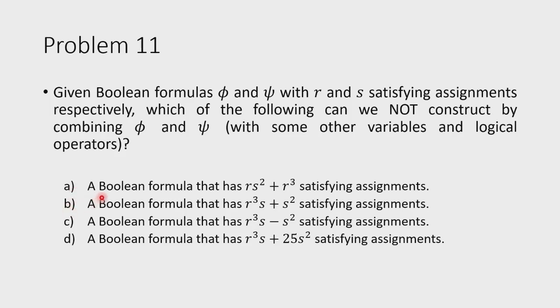The options are: a Boolean formula that has R times S square plus R cube satisfying assignments; a Boolean formula that has R cube plus S, R cube times S plus S square satisfying assignments; a Boolean formula that has R cube times S minus S square satisfying assignments; and a Boolean formula that has R cube S plus 25 S square satisfying assignments. So the answer to this problem is option C, and let's see why.